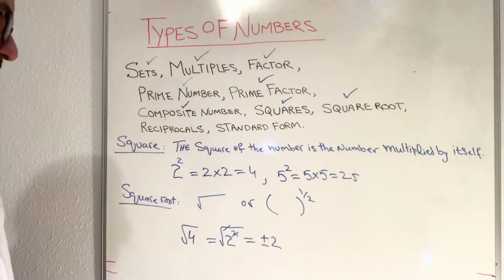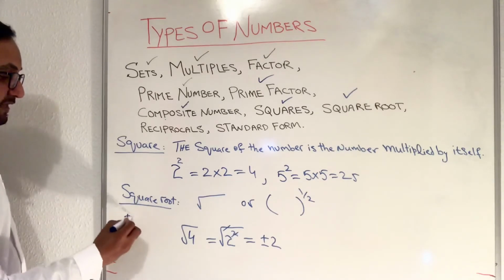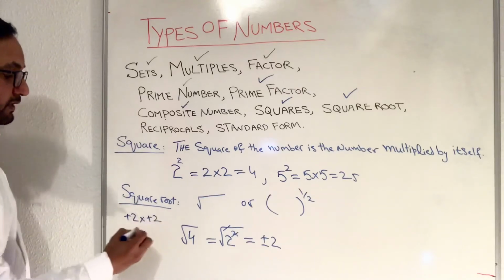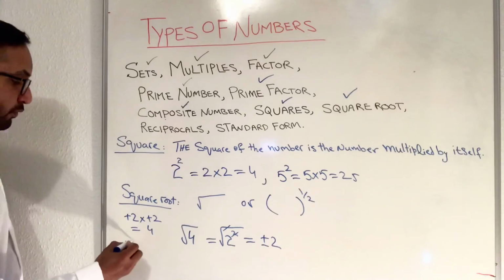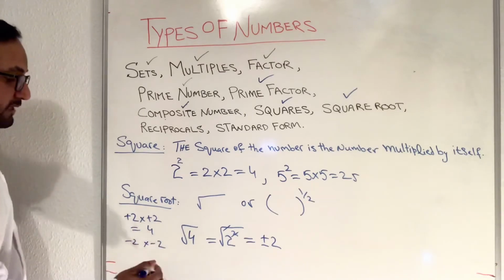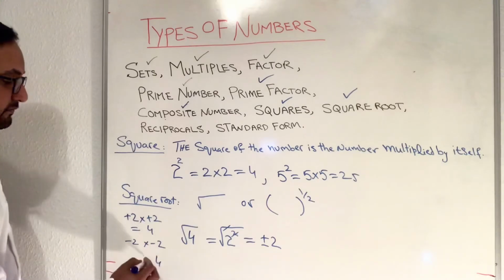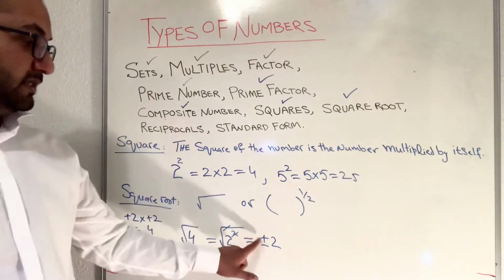Why positive or negative? If we have positive 2 times positive 2, they give you positive 4, right? If you have both negative values, minus 2 times minus 2, 2 times 2 gives you 4, minus minus gives you positive. Again we have positive. That's why we are using plus or minus.